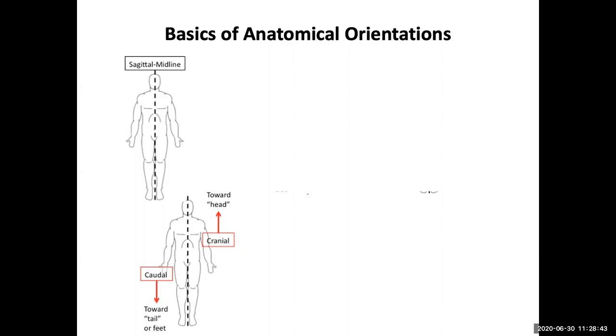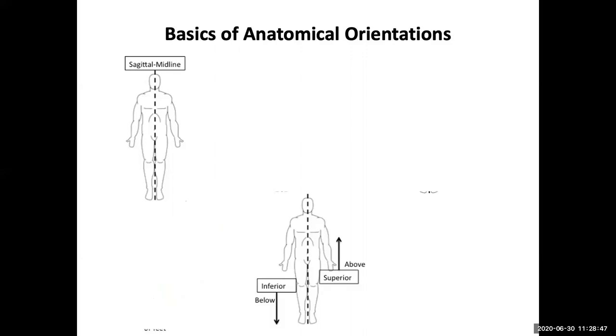And so when we're going to reference across different segments of the body, we're going to use large terms like cranial and caudal, as opposed to the next set of terms, superior and inferior. If we're simply looking at within distinct regions, anything that is superior is vertically above. Anything that is inferior is vertically below. Now notice I said vertically below and vertically above.